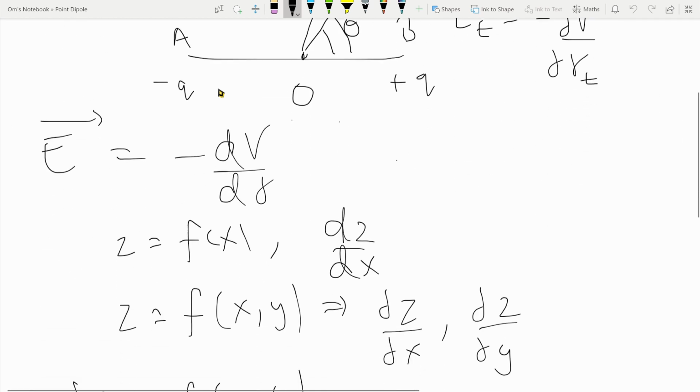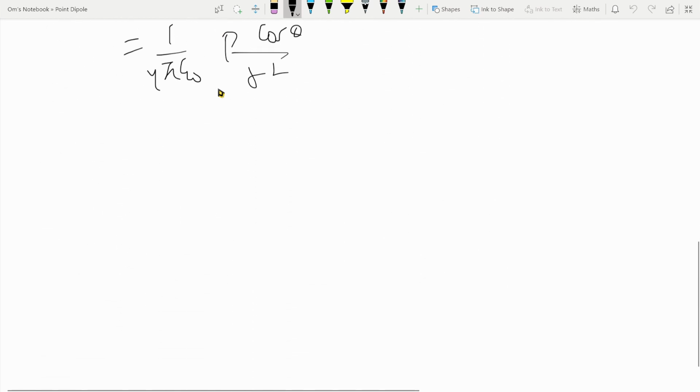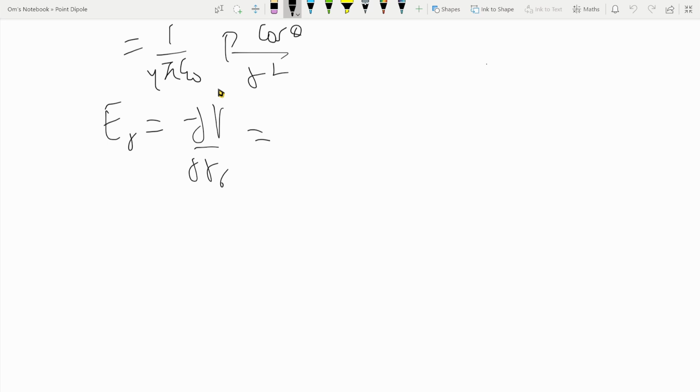So E_r, as we have over here, is nothing but minus del V by del r, where del r is along the radial direction. So if I were to write E_r is equal to minus del V by del r, where V is equal to 1 by 4 pi epsilon naught p cos theta by r square, as we have from the previous equation.